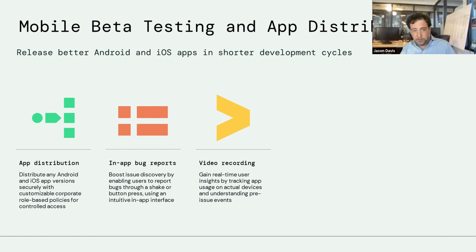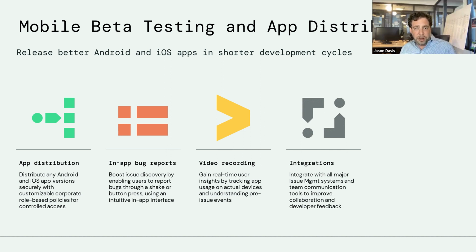So you can have a full recording of the session, not only those interactions that we saw before with the real device cloud, we get that through mobile beta testing too, but in addition to those interactions, you can see full recordings of the users using the beta apps themselves. All of that is integrated with things like Jira and Slack, so feedback and errors and so on can be propagated to the development team.